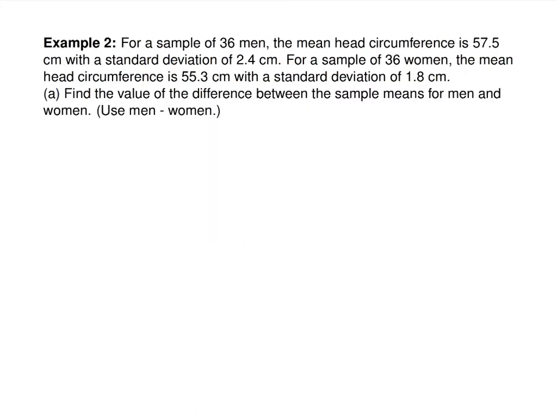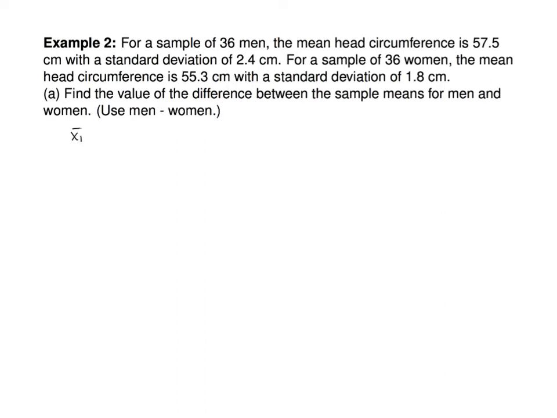All right, let's find a confidence interval for the difference in two population means. So for a sample of 36 men, the mean head circumference is 57.5 centimeters with a standard deviation of 2.4. And for a sample of 36 women, the mean head circumference is 55.3 with a sample standard deviation of 1.8. So find the value of the difference between the sample means for men and women, and we're going to use men minus women.